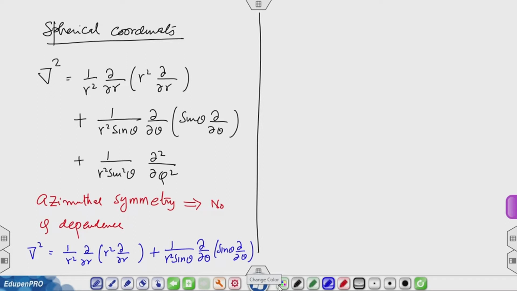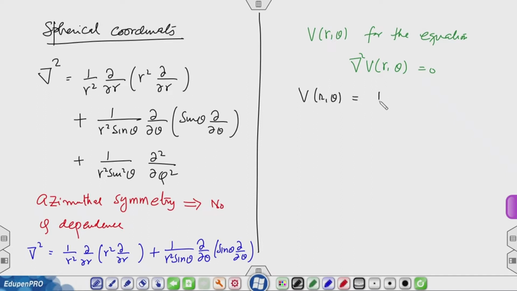Again, we are going to use separation of variables and take the solution V of r, theta for the equation del square V r theta equals 0. So, we take V of r and theta to be equal to some function R of r and some function P of theta.